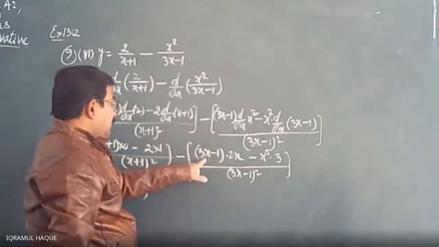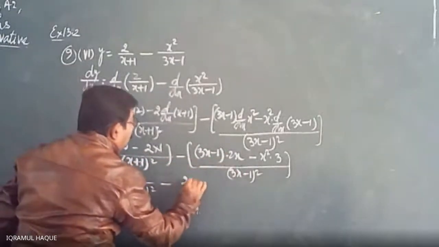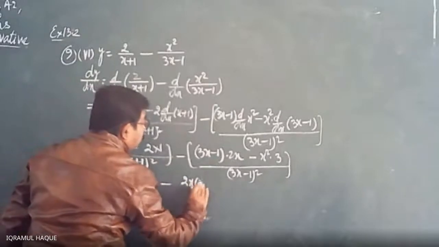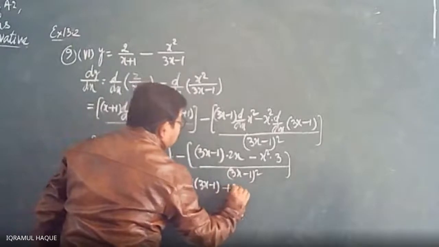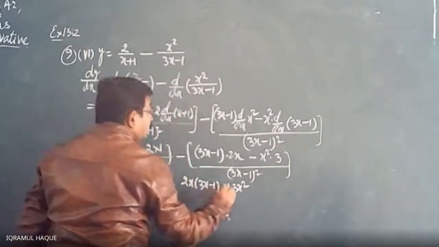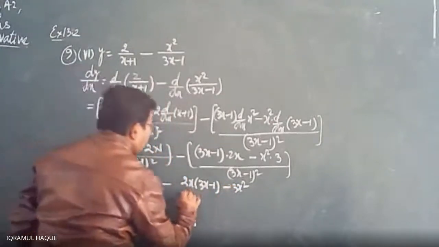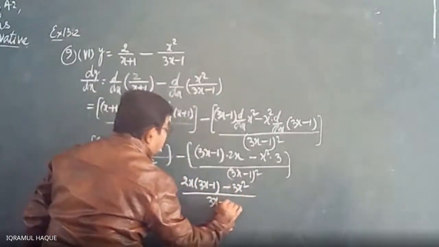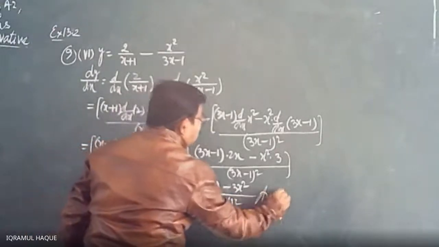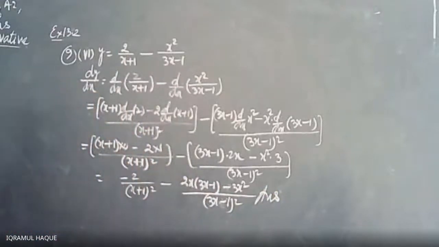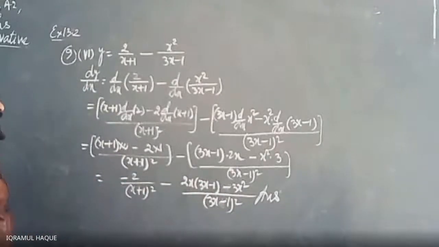We have 6x square minus 2x, or you can write minus 2x times of 3x minus 1 plus 3x square minus 3x square upon 3x minus 1 whole square. This can be left as the answer, or you can take x common from this, nothing else. You can simplify this.